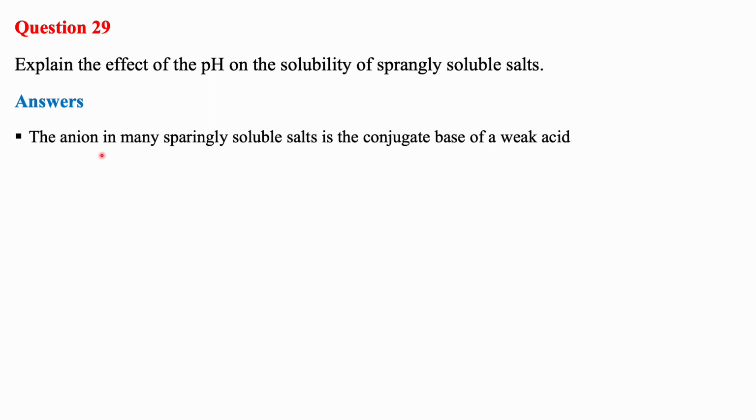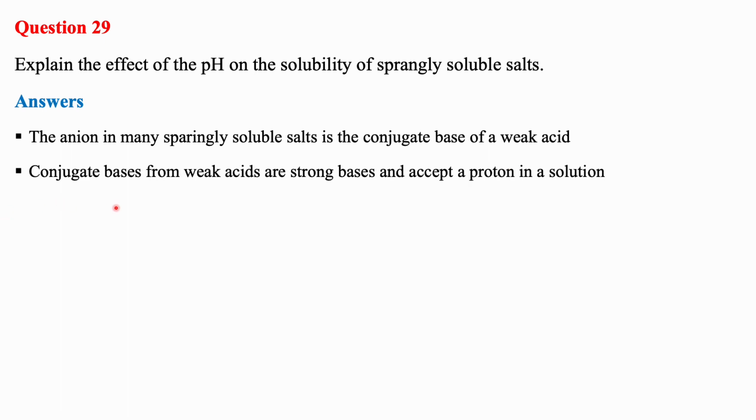The sparingly soluble salt contains two ions, one the cation and another the anion. That anion is coming from the weak acid, which means it is a strong conjugate base.